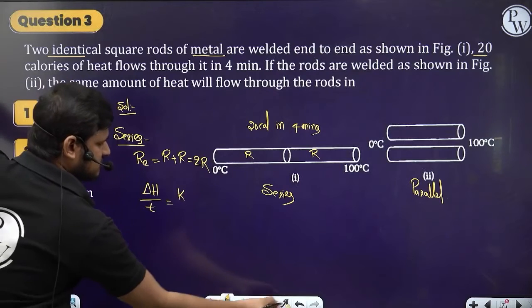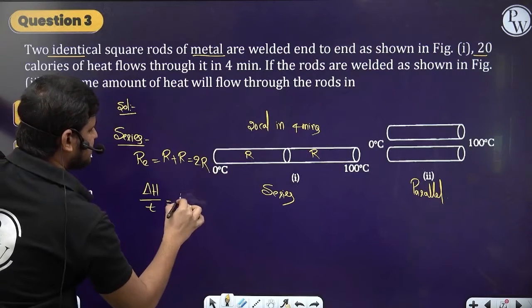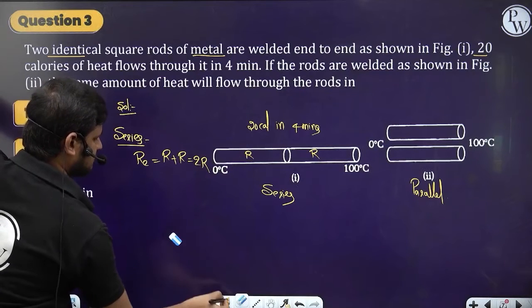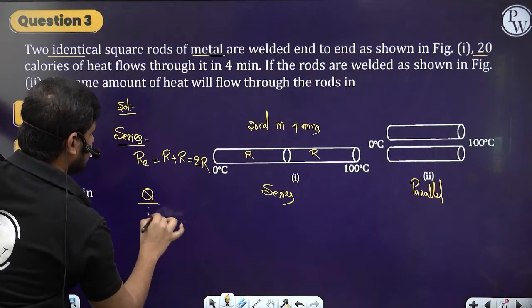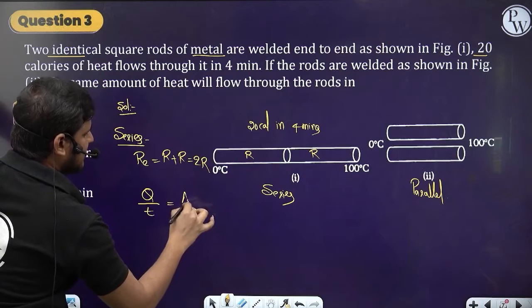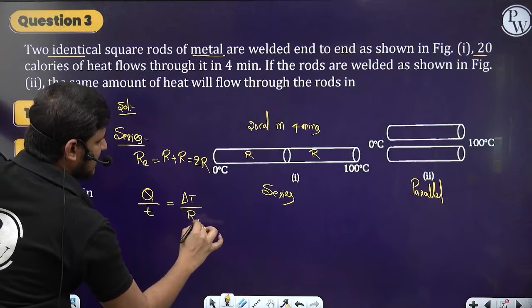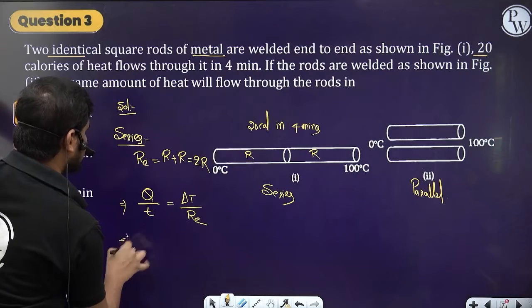Then I can write delta H by T is equals to KA, or simply go for this. What's the temperature difference? Delta T. So Q by T, H is equals to delta T by R equivalent.